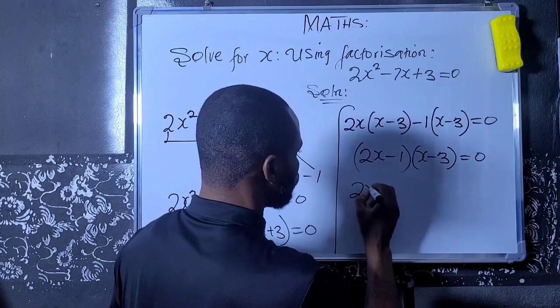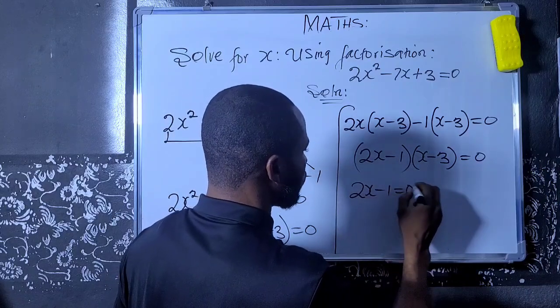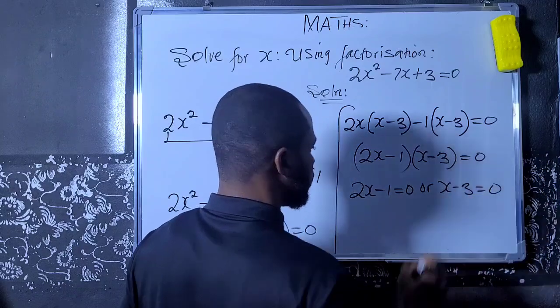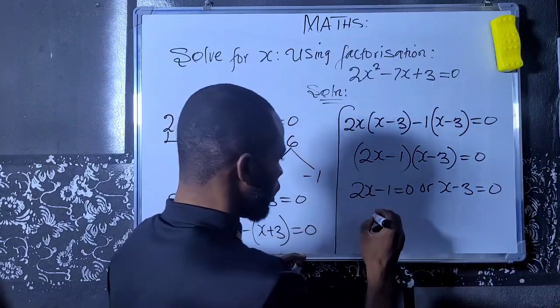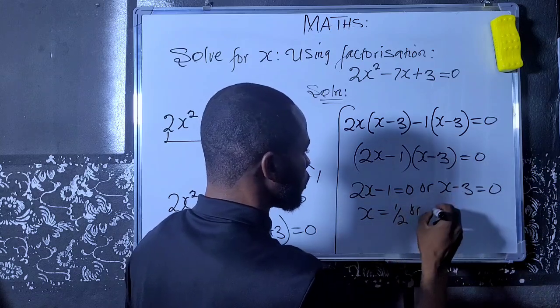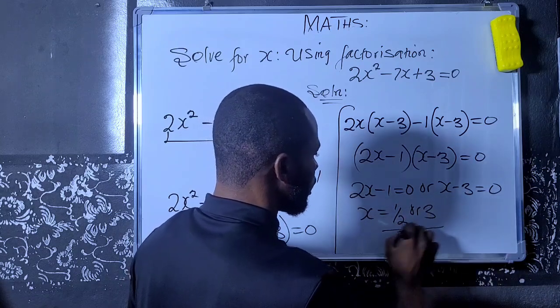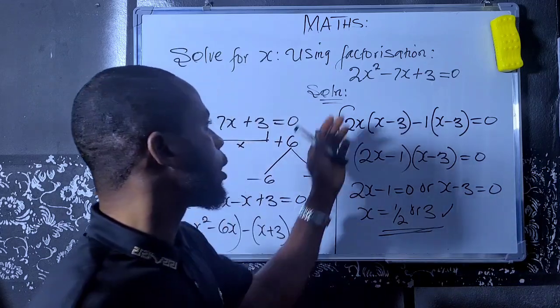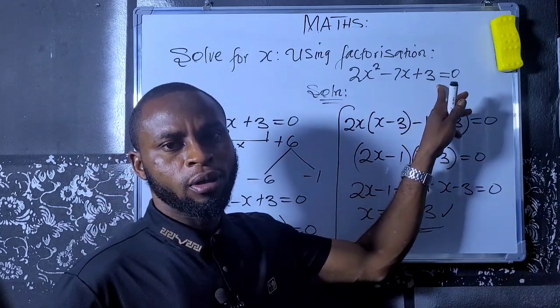Therefore, we have 2x minus 1 equals 0, or x minus 3 equals 0. Then as such, x equals 1 over 2, or x equals 3. And these are the 2 possible values of x that will satisfy this quadratic equation here on the board.